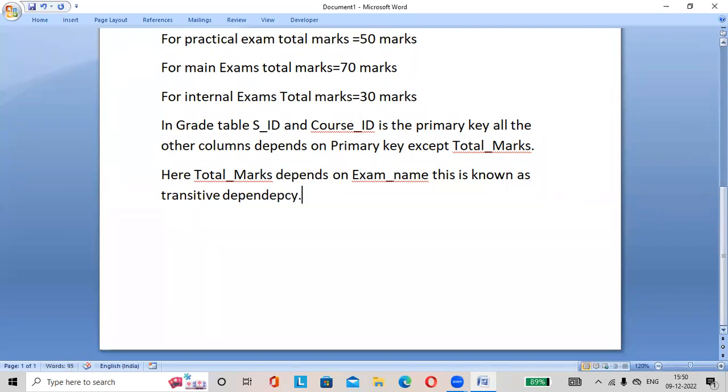Then how to remove this transitive dependency? What to do now?